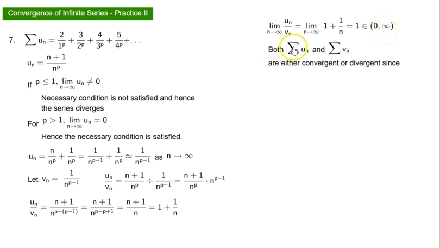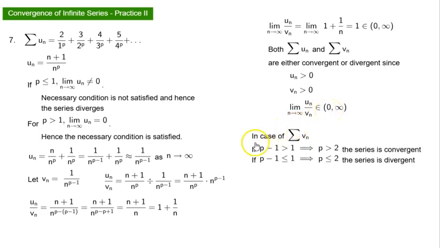We know that both u sub n and v sub n are either convergent or divergent, since u sub n is greater than 0 for all n, v sub n is greater than 0 for all n, and the limit as n goes to infinity of u sub n by v sub n is a finite value.